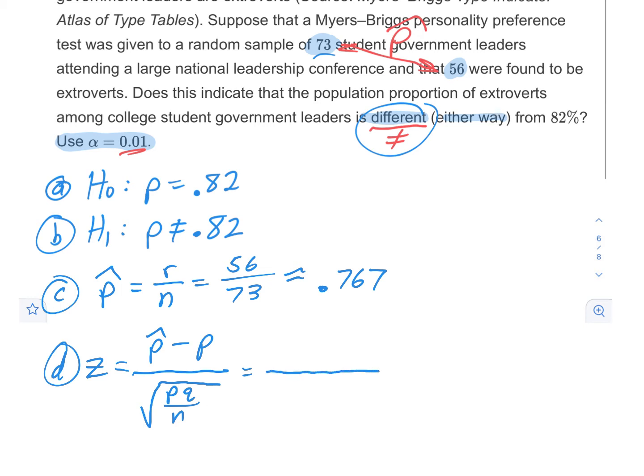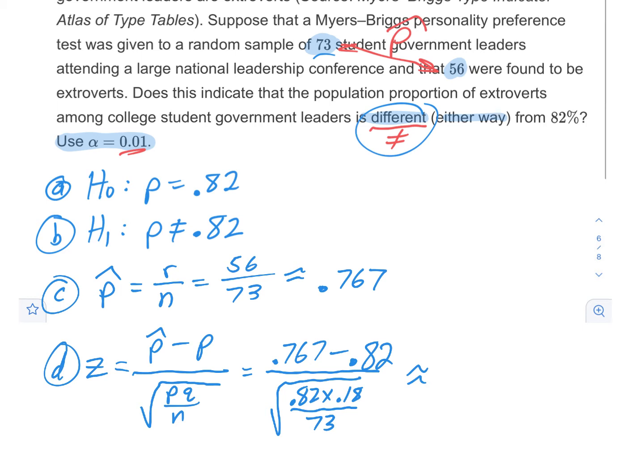My P hat in this problem is the 0.767, which you found. We're going to subtract the P, which is 0.82. We're going to divide that by the square root of P, which is 0.82, times 0.18. Remember, Q is 1 minus P, divided by what N is, and N in this case is 73.